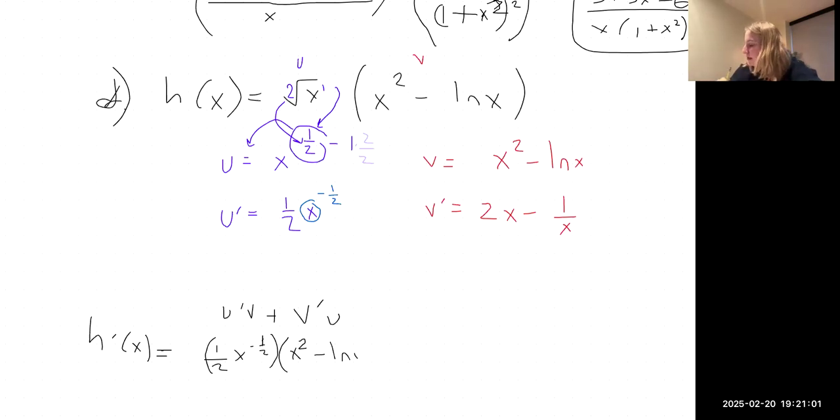And then is it minus or plus? It's always plus for the product rule, minus for the quotient rule.